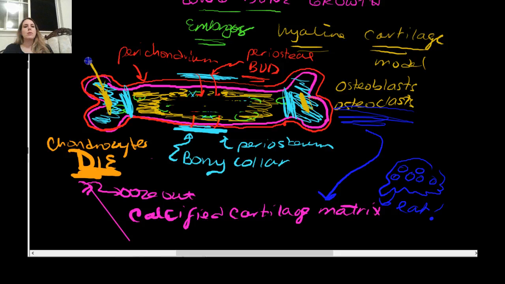Some bones it'll only be one side, but that will become the secondary ossification center. And I know you actually can't see that with my picture there. And that happens shortly before birth.